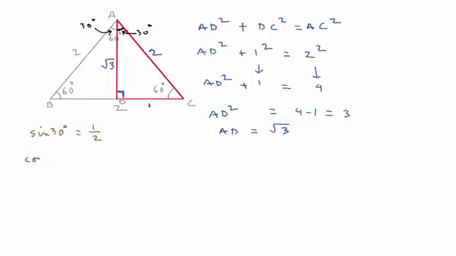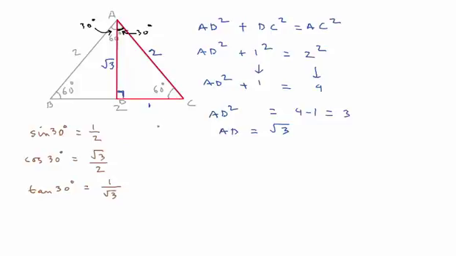Similarly, cosine 30 degrees is going to be the adjacent, that's square root of 3, over the hypotenuse, which is 2. And tan 30 degrees, you got it right, it's the opposite, 1, over the adjacent, that's square root of 3.